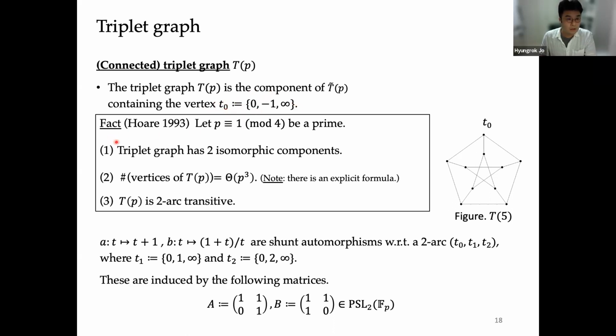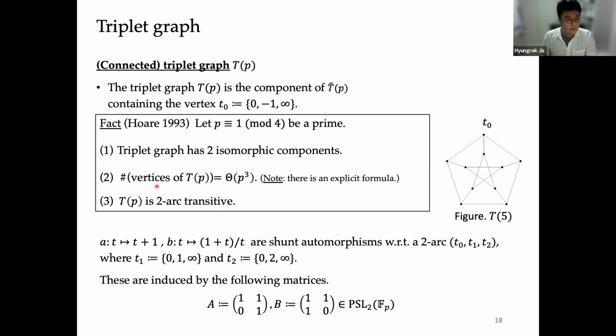vertex T0. Then in fact, if we set P to be 1 modulo 4, which is a prime number, then the triplet graph always has 2 isomorphic components. So we only select the one component containing this vertex here.